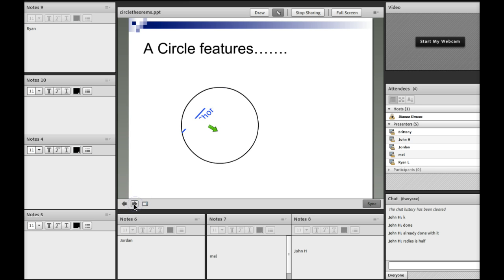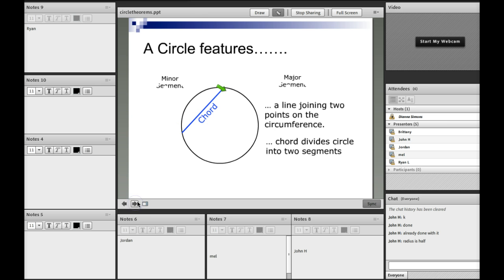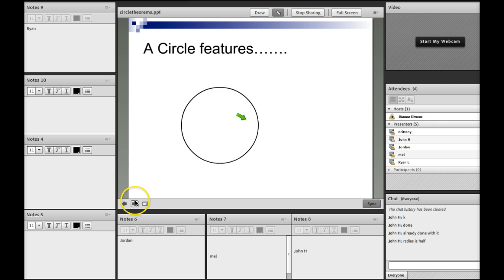All right, what else? This is called a chord. A chord is when you go from circumference to the circumference. Just 2 points. This over here is a minor segment. This is a major segment. I'm not sure if the videos go over that or not. This is an arc.